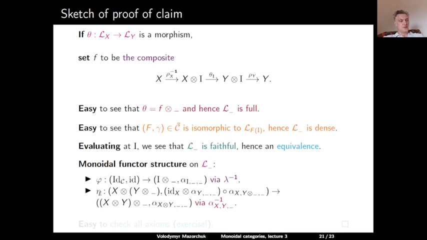And the natural transformation eta from tensoring first with y and then with x to tensoring with x tensor y is given by the inverse of the associator. And then it is easy to check that all axioms are satisfied. This is a good exercise.